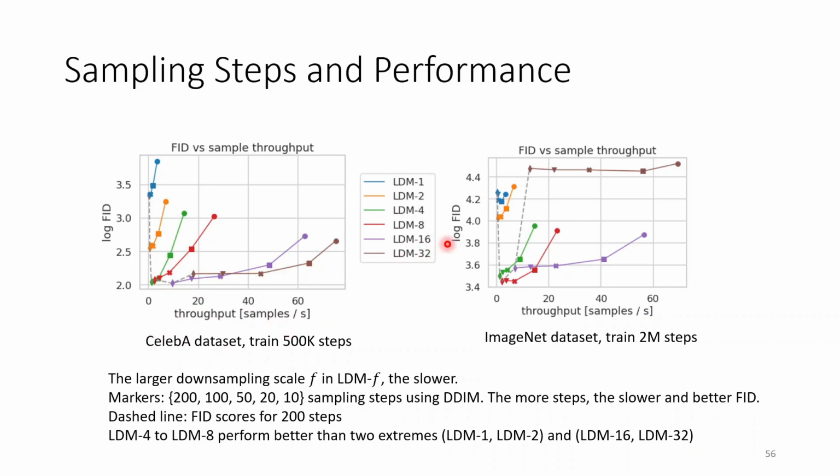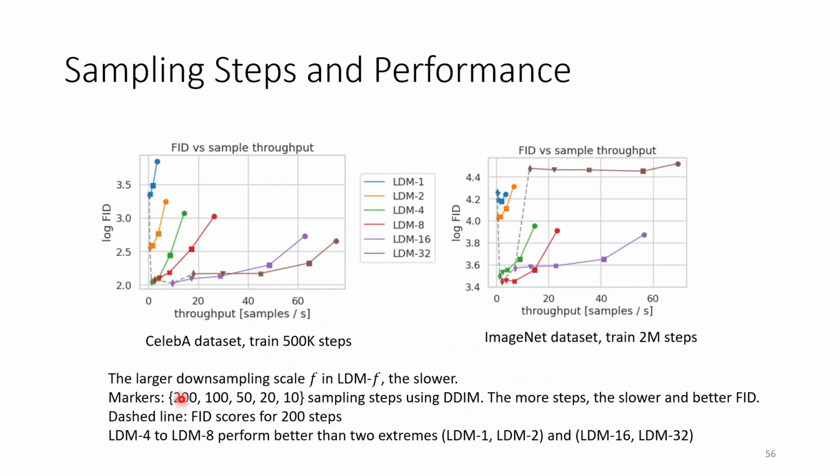When we use a large scaling factor, the latent map is very small. Throughput means how many samples or images can be generated from the model per second. Of course, we can see LDM-32 generates the largest number, because the latent map is very small.